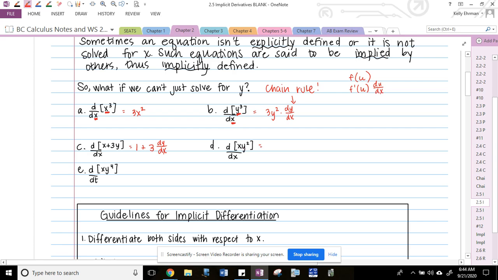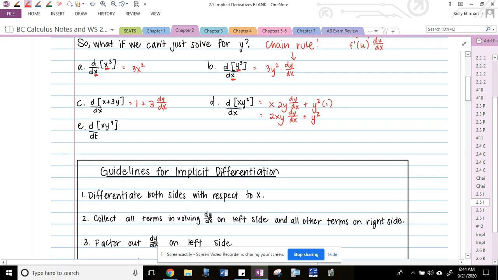So the derivative is the first function times the derivative of the second, 2y, and then a dy dx, plus the second function times the derivative of the first, derivative of x with respect to x is just 1. And I might clean this up a bit, like 2xy times dy dx plus y squared. What we're going to be doing with this eventually is solving for dy dx.